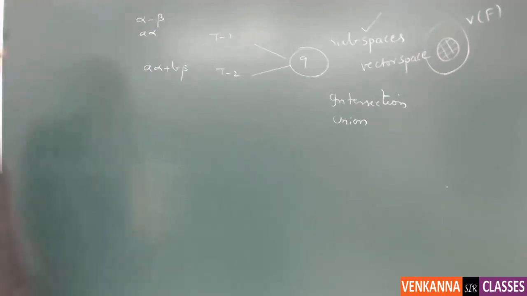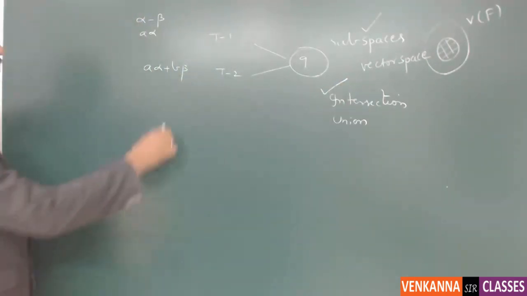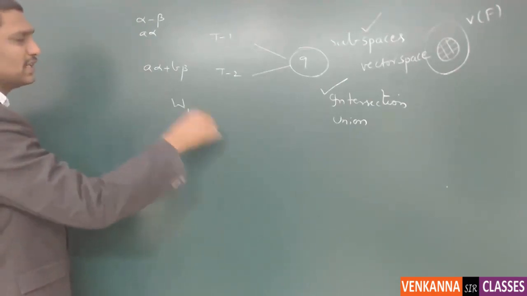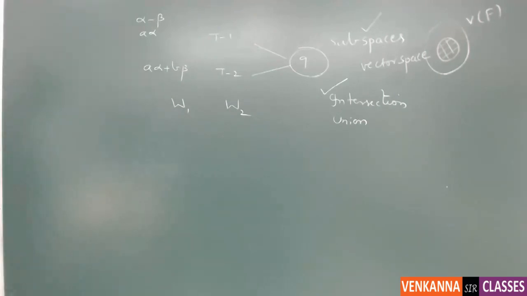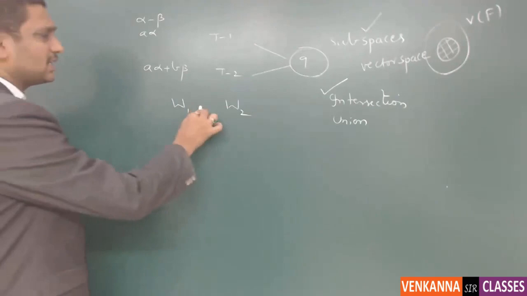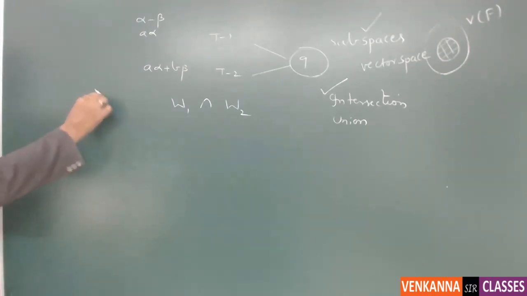Now let us deal with the case of intersection. Suppose I have taken 2 subspaces W1 and W2. Now my intention is to check whether the intersection is a subspace or not. And the result is yes, and let us prove it.